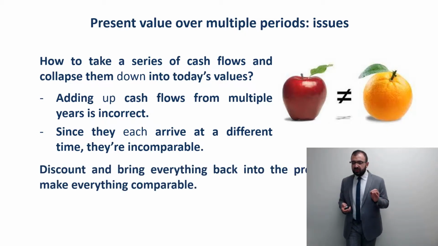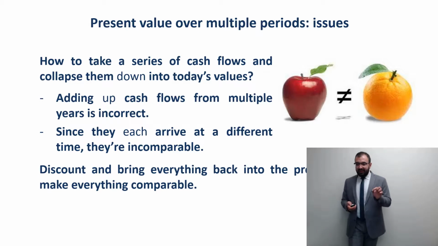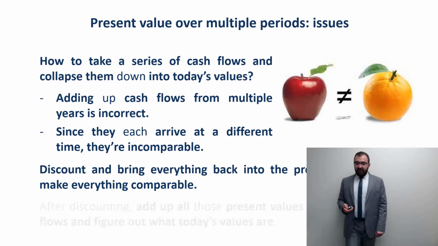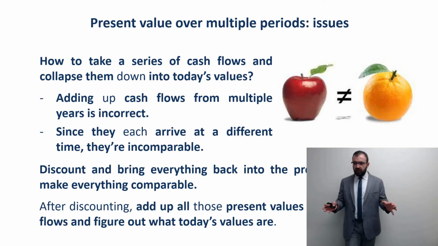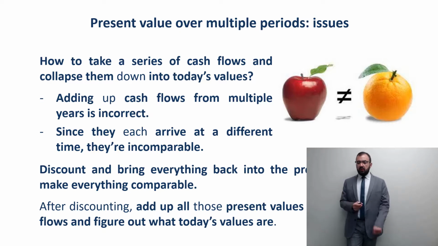So what discounting does is bring everything back, all those different cash flows in the multiple periods, back into the present and make everything into apples. And after discounting, we can add all those present values of all these cash flows and figure out what today's value is.